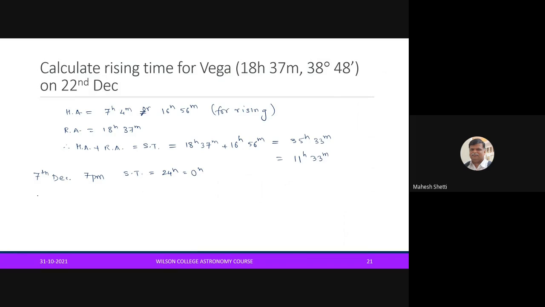So on 22nd December, 7 p.m., sidereal time, we have to add 4 minutes per day. So it is 0 hours plus 4 into 15 minutes. That gives you 1 hour. So on 22nd December, 7 p.m., sidereal time is 1 hour.